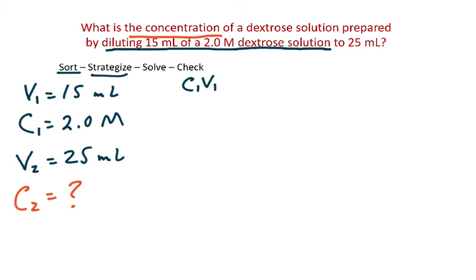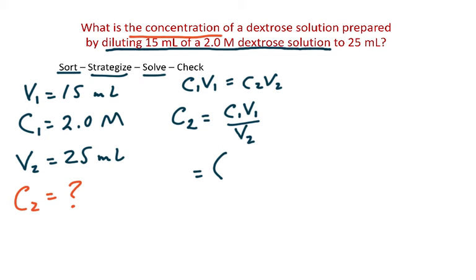So C1V1 equals C2V2. We want to find the concentration of the dilute, C2. So C1V1 over V2, right? Again, by dividing both sides by V2, we get C2 by itself. Now we will solve, right? So solving involves actually plugging in the numbers.